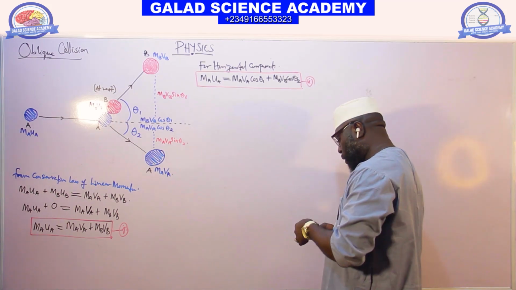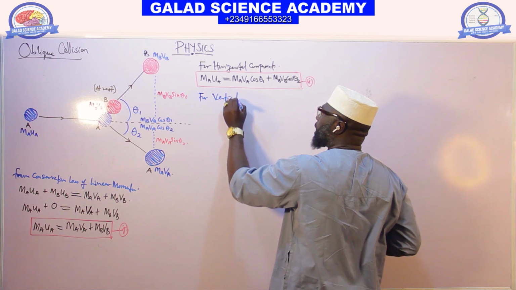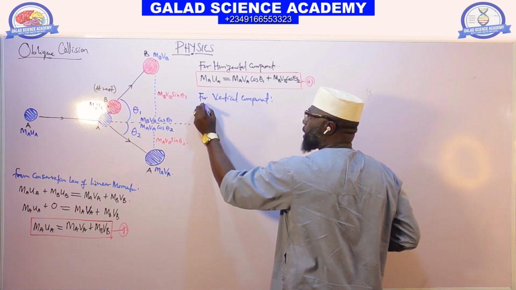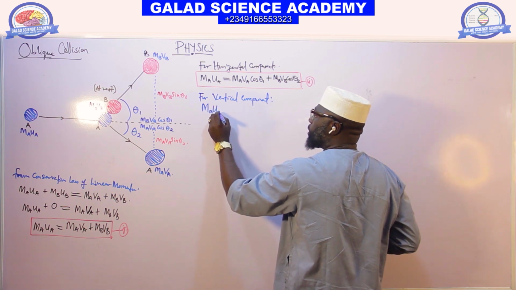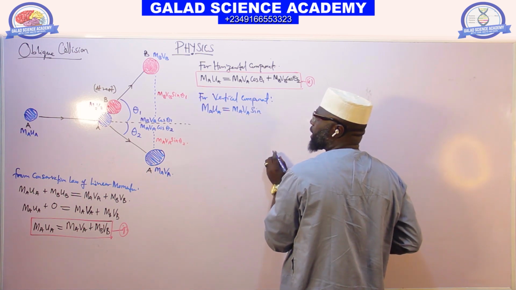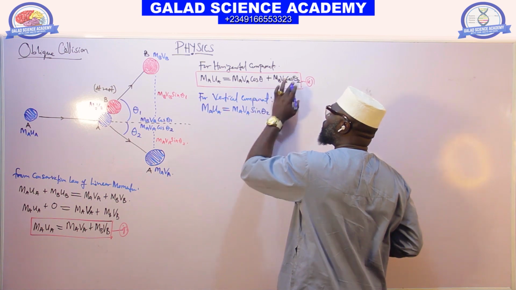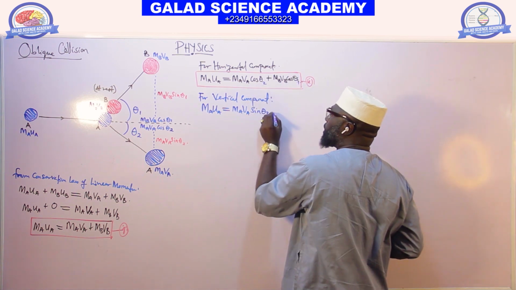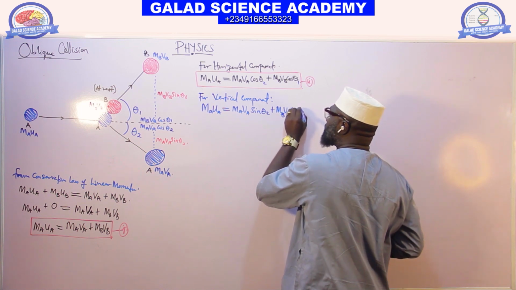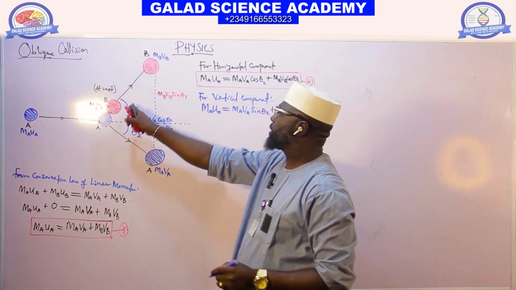So you can now say, for vertical component, MA UA equal to MA VA sin theta 2 plus MB VB cos theta 1. Wait, theta for MB is 1.